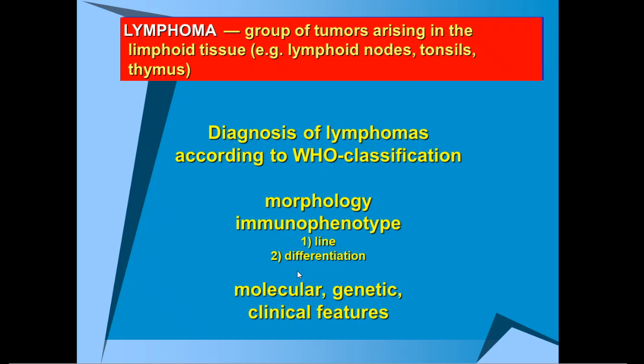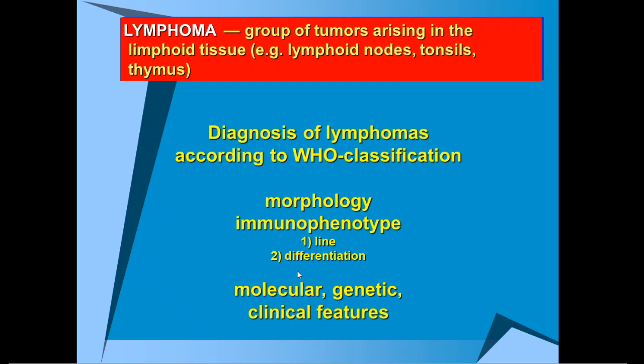Lymphoma. I repeat again: lymphoma, as opposed to leukemia, is a focal process. Focal process means that lymphoma classically affects one lymph node or a group of lymph nodes, or it could be in one organ, like thymus or spleen, for example, but focal.